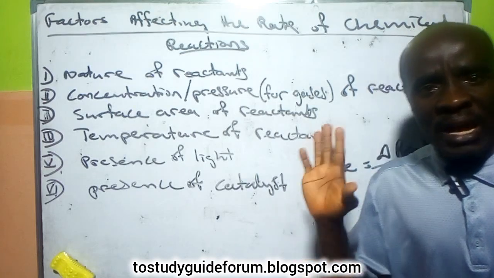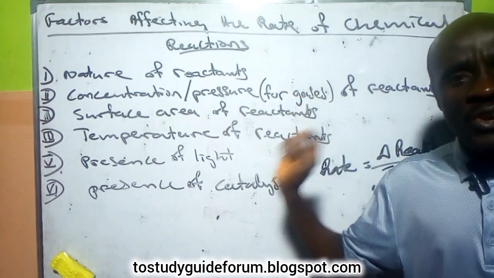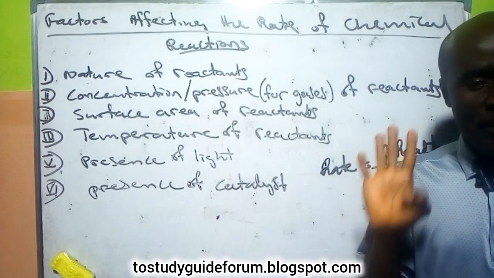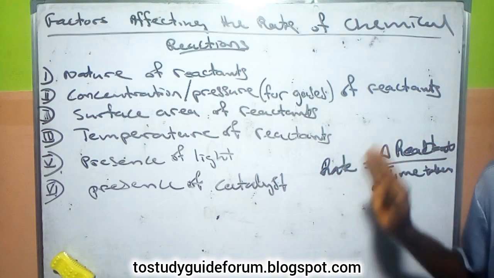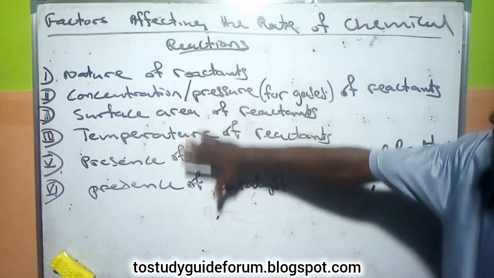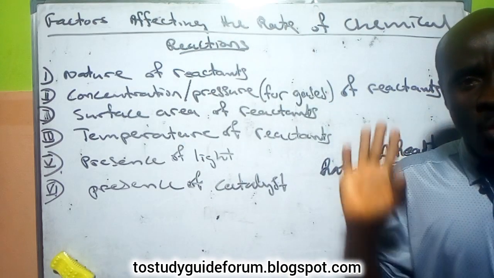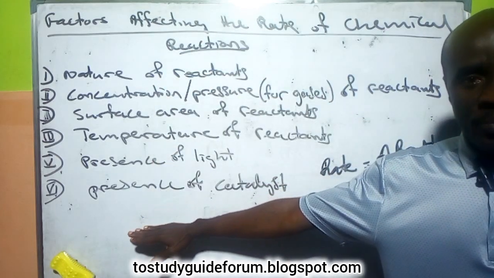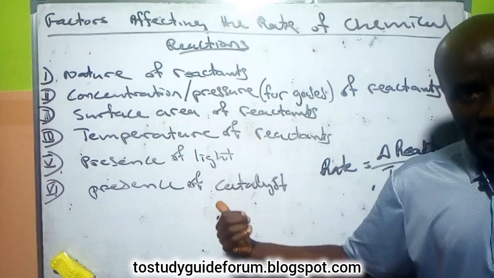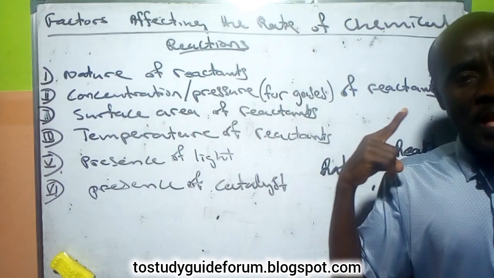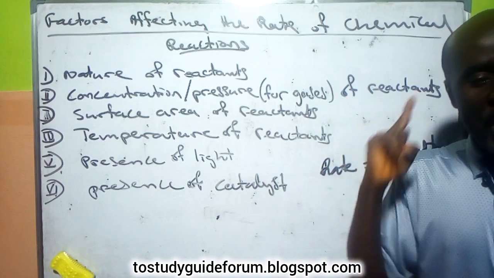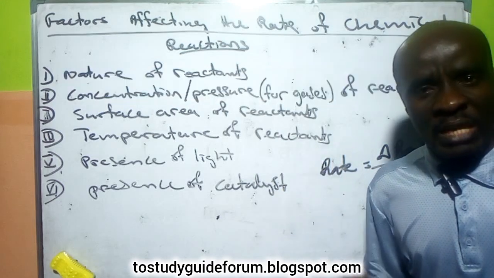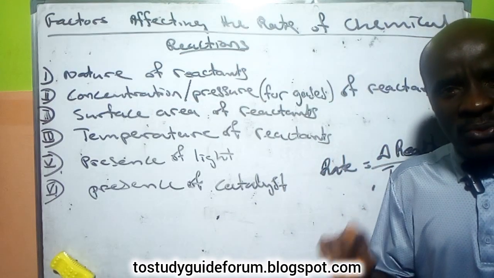So there are three basic things that can cause increase or decrease in the rate of chemical reaction. Anything that can influence these three basic things can also affect chemical reaction. All the factors listed here can influence one or two or three of these to make the reaction fast or slow, as the case may be. Anything that can influence the energy content of the particles can affect the rate of chemical reaction.